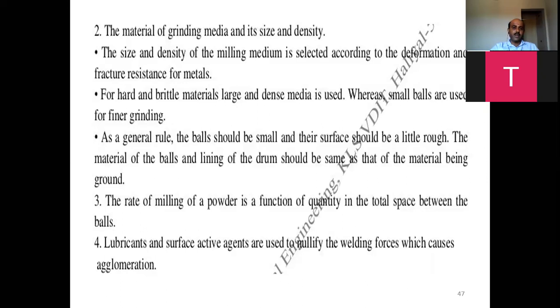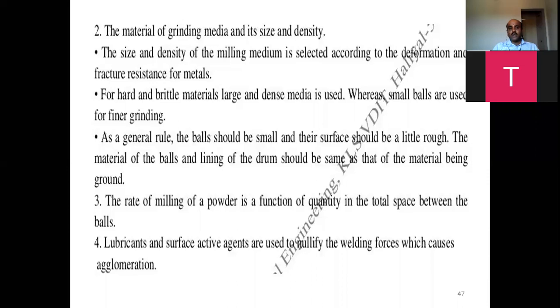The grinding media, what type of grinding media we are having and what is its density. These two are the important things for us. The size and density of the milling medium is selected according to the deformation and the fracture resistance of the material.